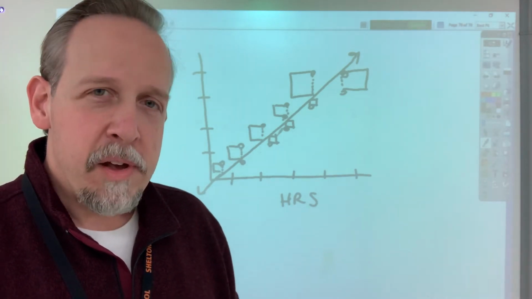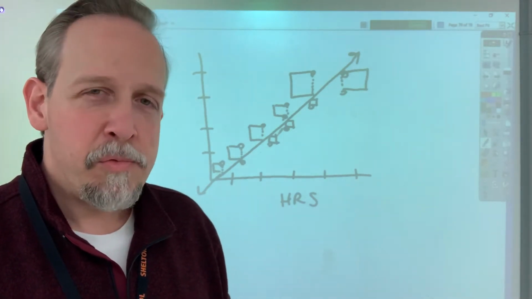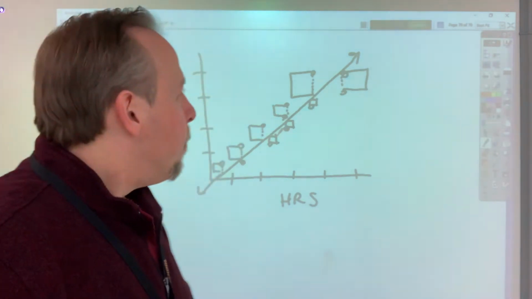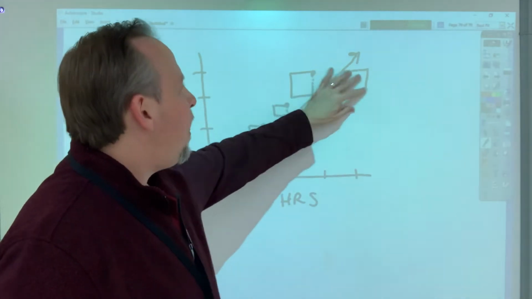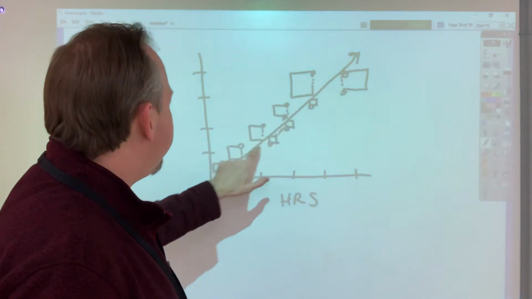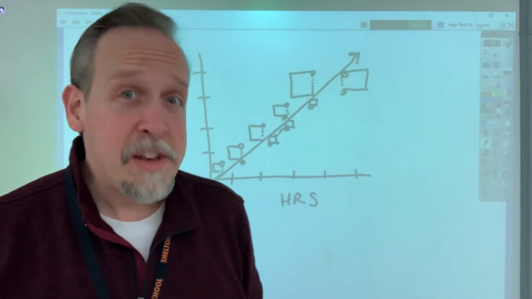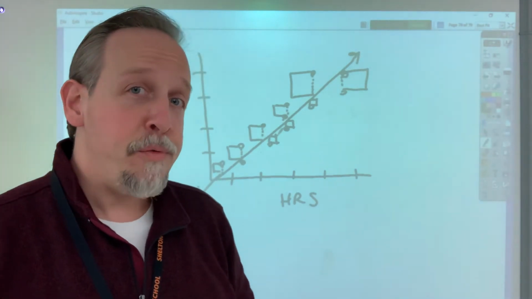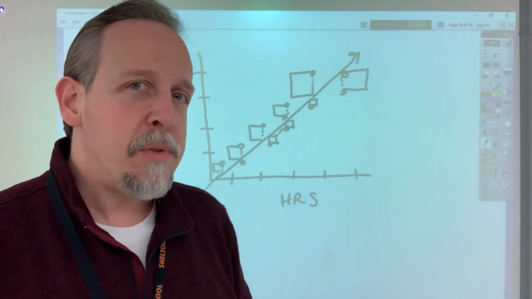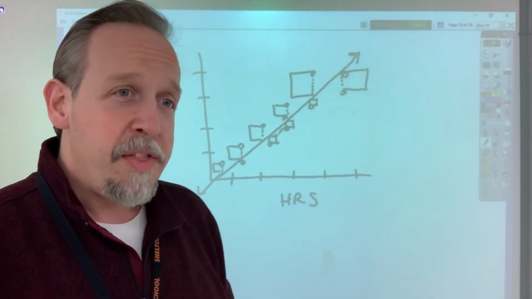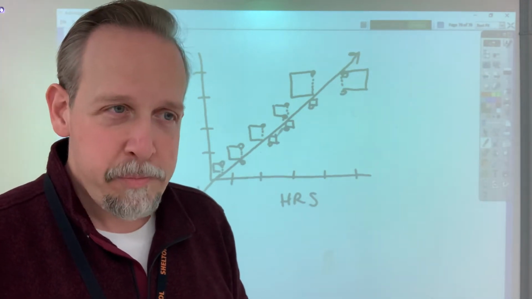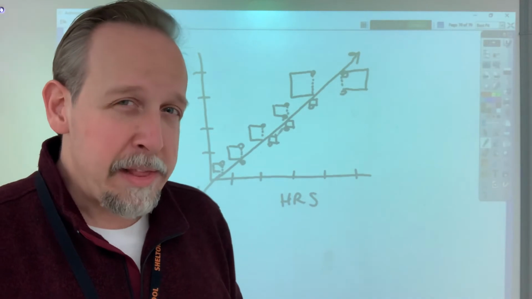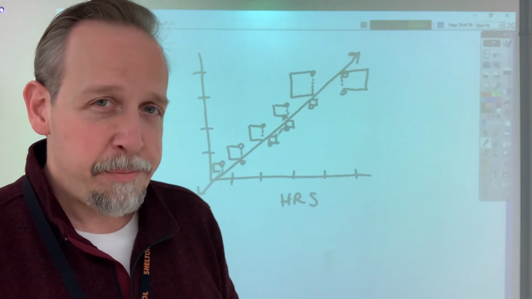I know it's kind of a difficult concept to truly imagine what's happening, but suffice it to say that the combined area of all of those squares is as small as it can be, because if the line moved anywhere else, it would increase the residuals in such a way that the area total would be larger than it is right now. That's why it's called the least squares regression line.